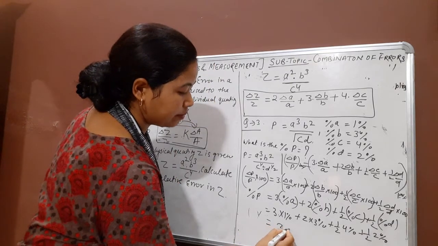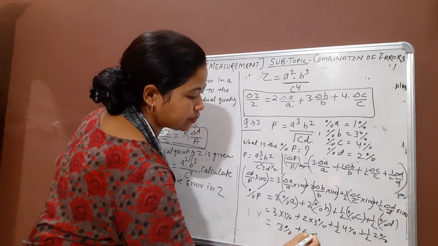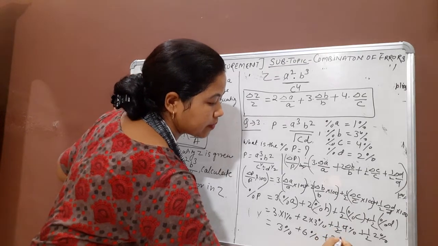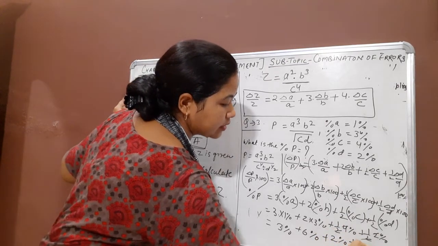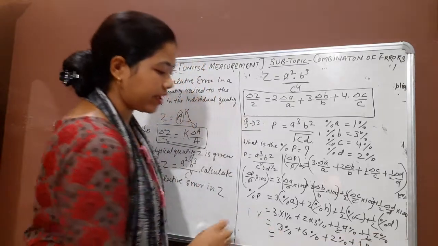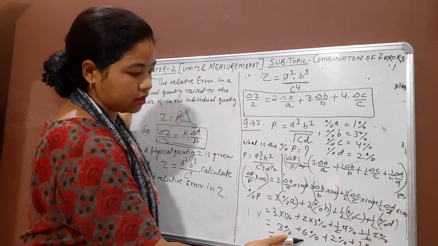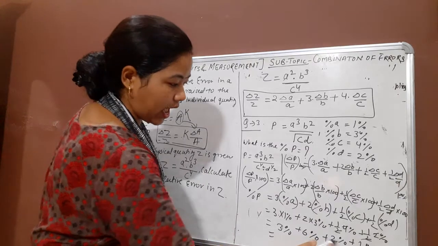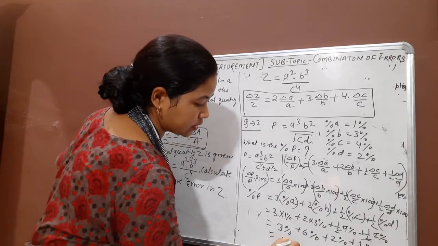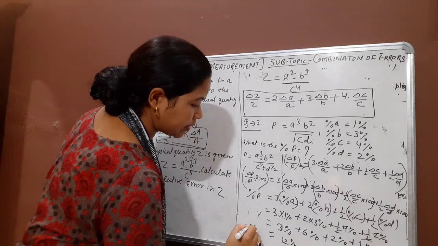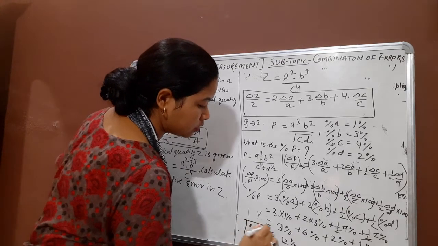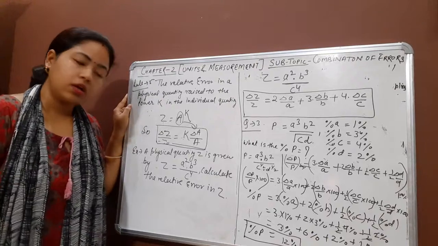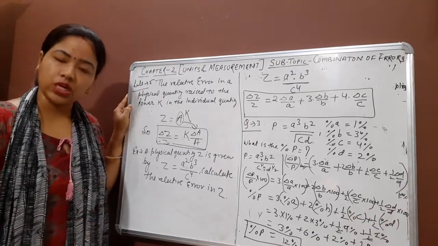So 3% plus 6% plus 2% plus 1%. What is the final result? 6 plus 3 is 9, 9 plus 2 is 11, and 1 more, 12%. So the total percentage error in p is 12% in the physical quantity p.